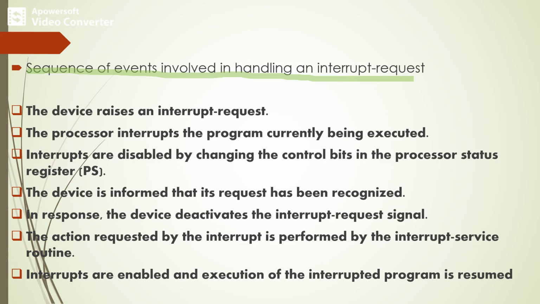The device is informed that its request has been recognized. In response, the device deactivates the interrupt request signal. The action requested by the interrupt is performed by the interrupt service routine, that means the ISR. Interrupts are enabled and execution of the interrupted program is resumed.